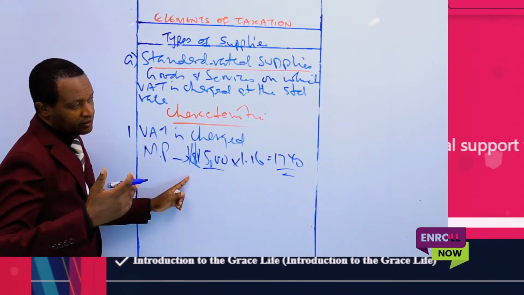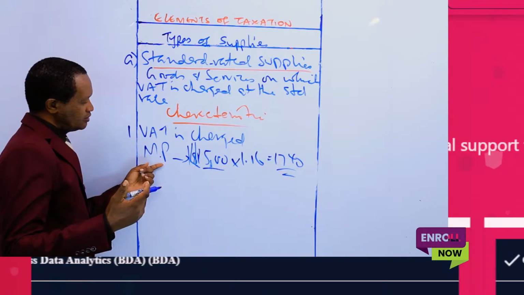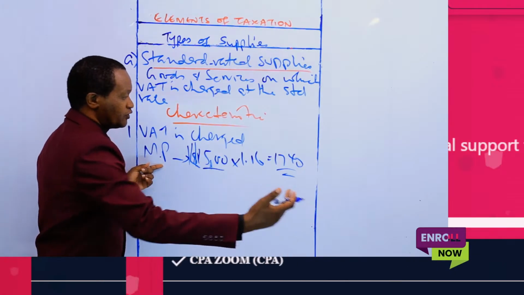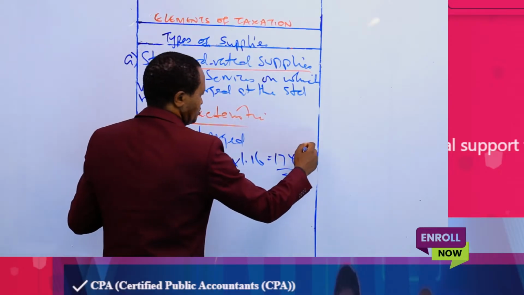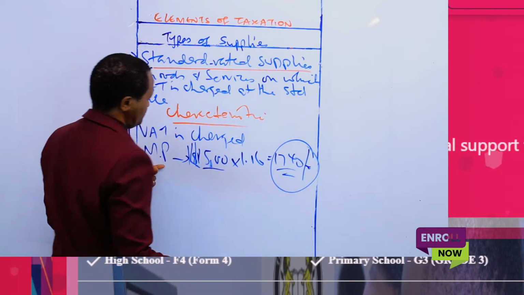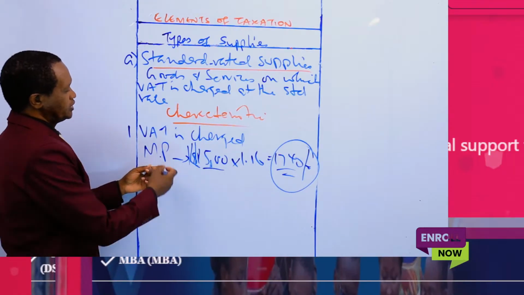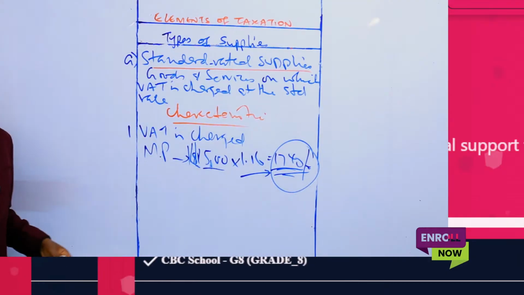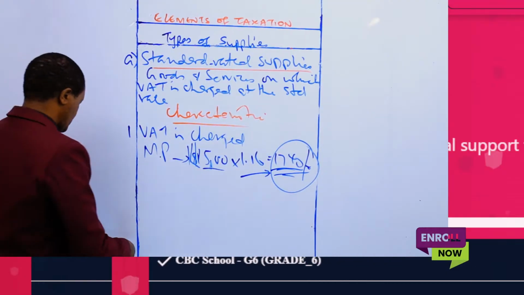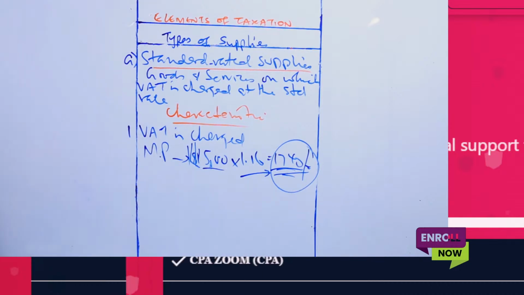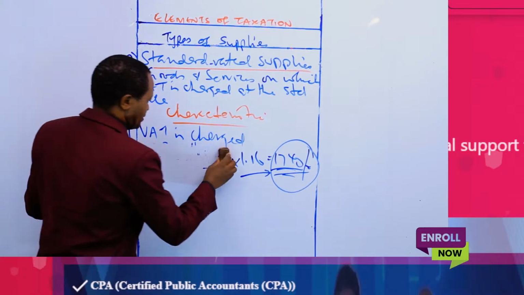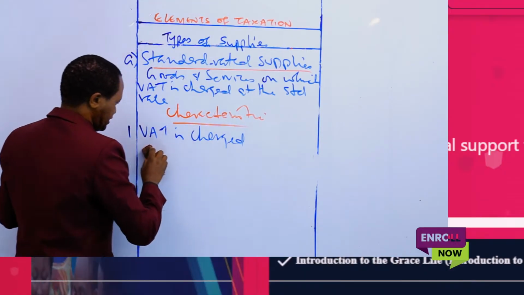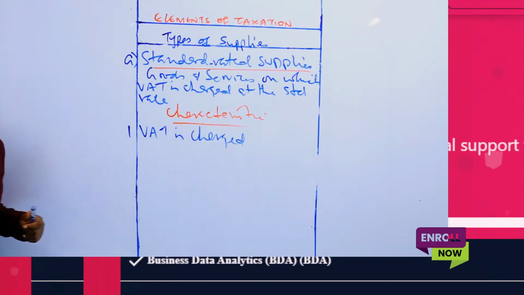Then the company, the VAT registered person, will collect this VAT from the customer, because when the customer buys this book, it is inclusive of VAT. So this seller would collect this VAT from the customers. That's the first characteristic of these standard rated supplies. VAT is charged on these supplies.